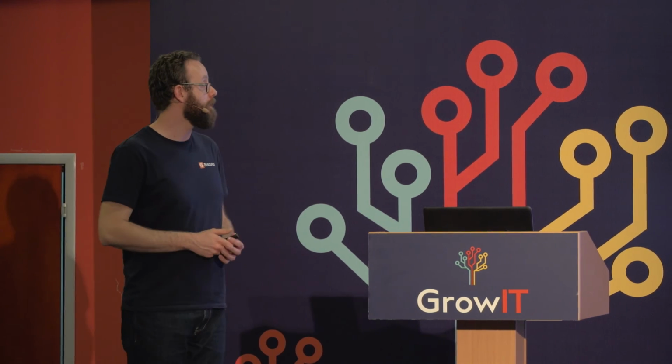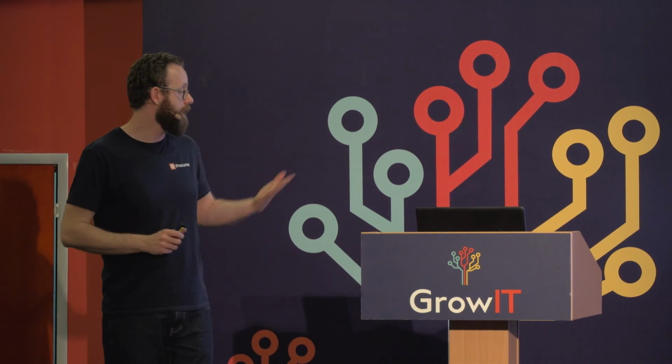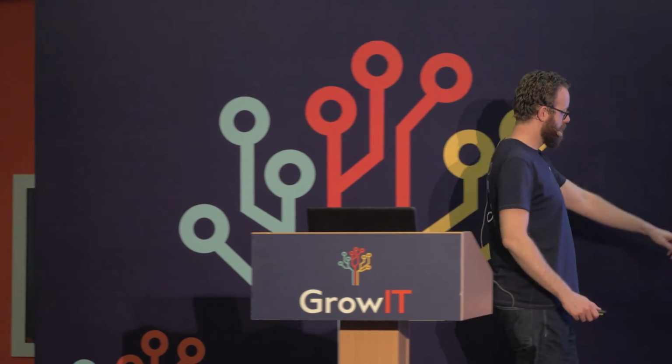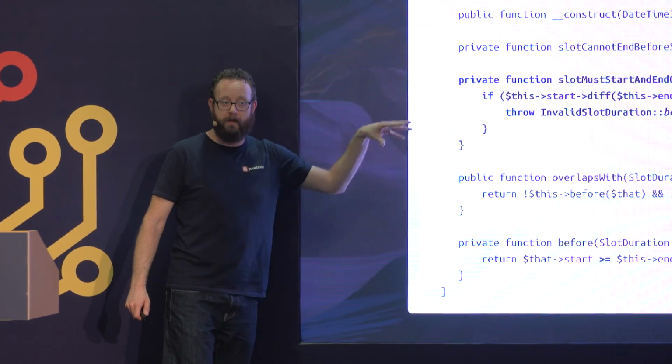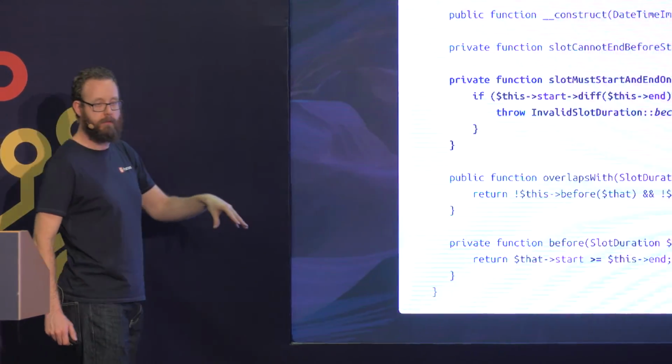We have to be careful and make sure that when we're refactoring, we do not alter its behavior. So we can't reuse this meeting duration. We have to create a new object, and that will look like this. We have a slot duration that correctly checks that the ending and the start overlap according to this domain.